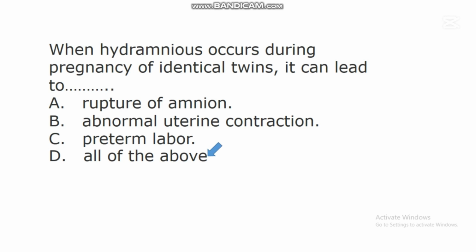So when the level of amniotic fluid is above normal, it can lead to rupture of amnion, it can lead to abnormal uterine contraction, it can also lead to preterm labor. All these things can occur when the level of amniotic fluid is above normal in the body system of a pregnant woman.